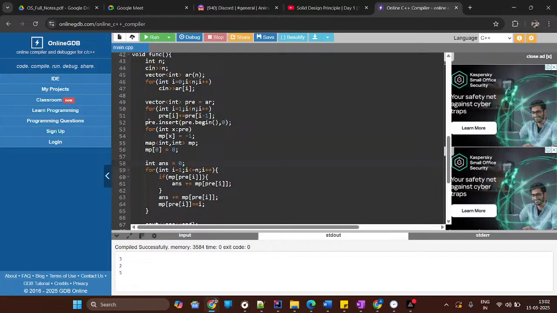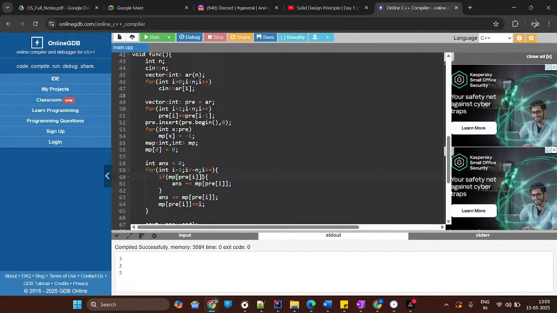So if I can find this, and it is greater than the last, there should be a last index where the last subarray ended.